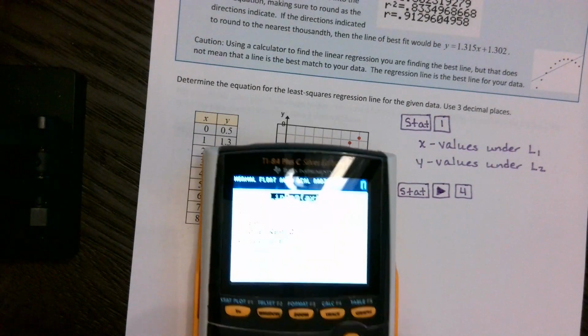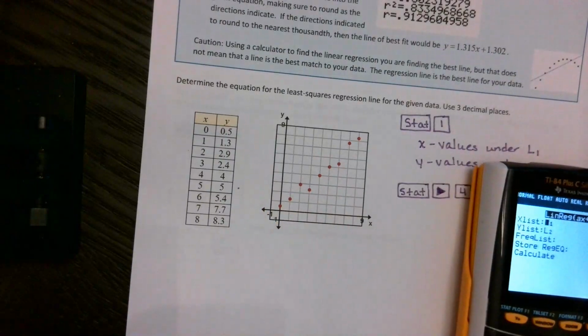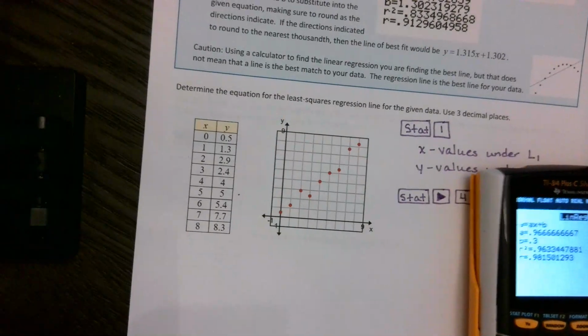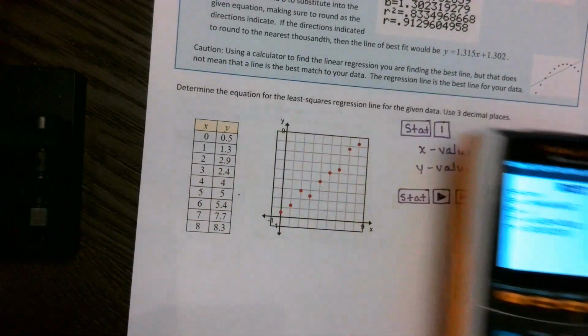And because mine looks like this, I'm going to hit enter until it calculates. So for me, it's 1, 2, 3, 4, 5. And it comes up with this.